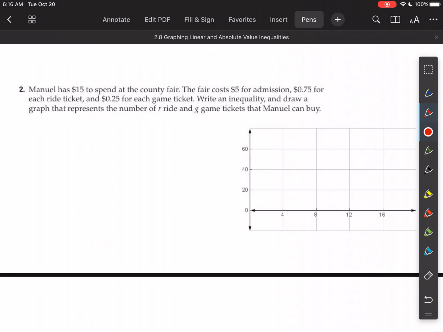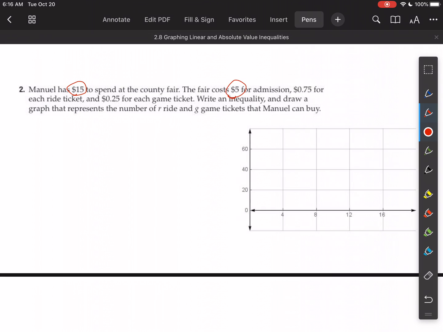Okay, so a couple ways that we could think about this. First of all, we know a couple of things. We know that he has $15 off the top, but he has to get rid of 5 to get in.